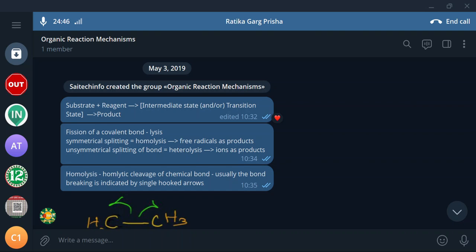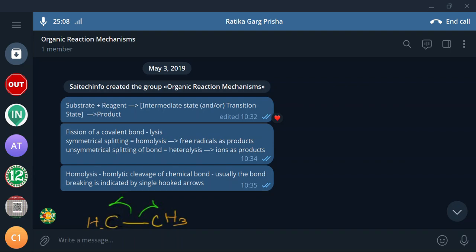It indicates there is a transition complex, an intermediate state like that. And finally you are able to get product and byproduct. There will be a main product and additionally you will have some byproduct. So a chemical reaction essentially consists of substrate, reagent, reaction condition, then products, main products and byproducts, etc.